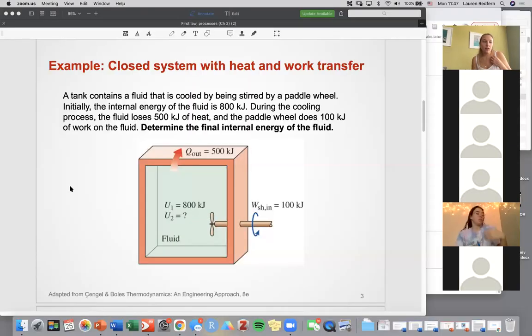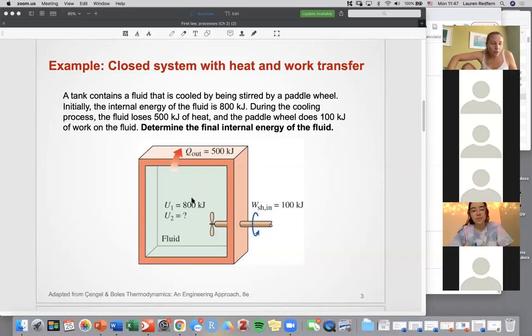A rigid tank contains a hot fluid that is being cooled while being stirred by a paddle wheel. Initially, the internal energy of the fluid is 800 kilojoules.